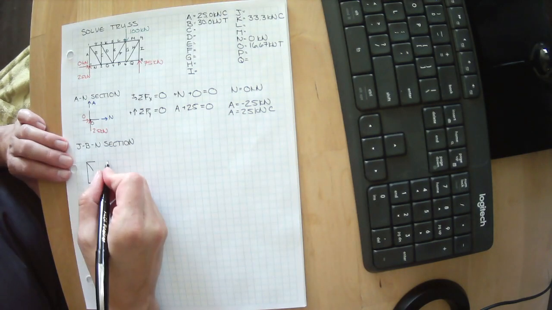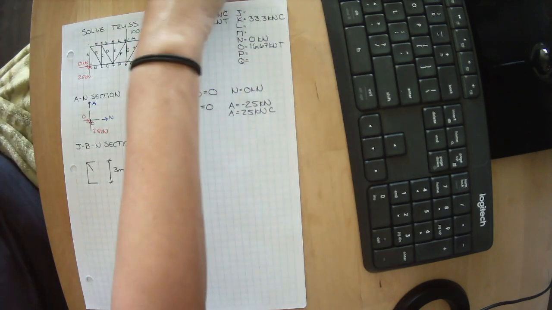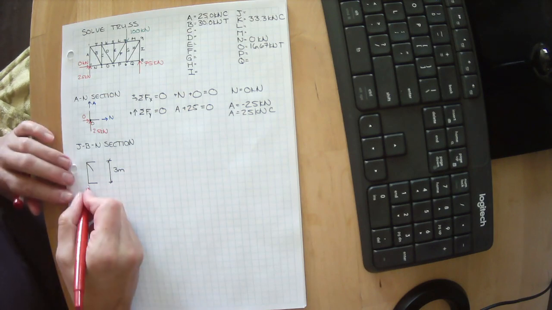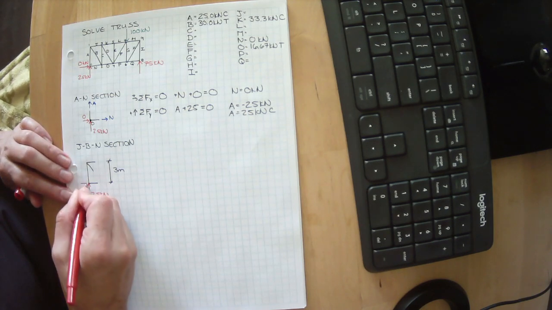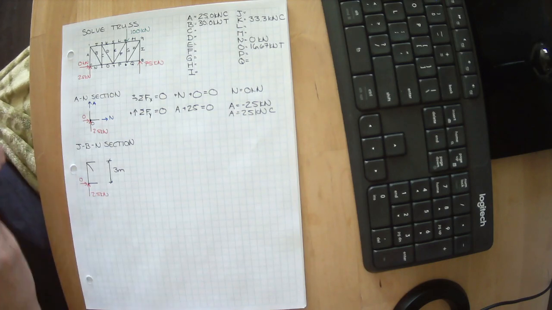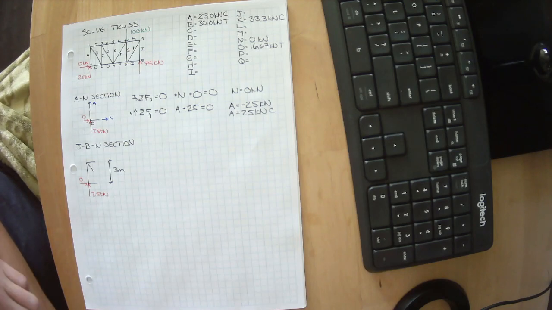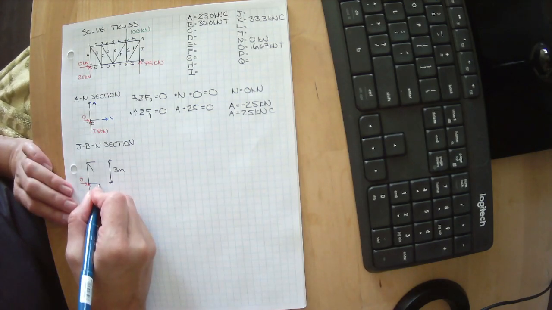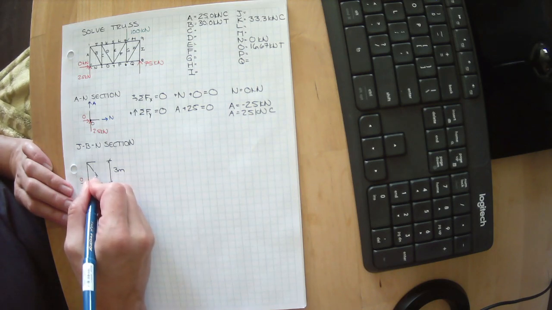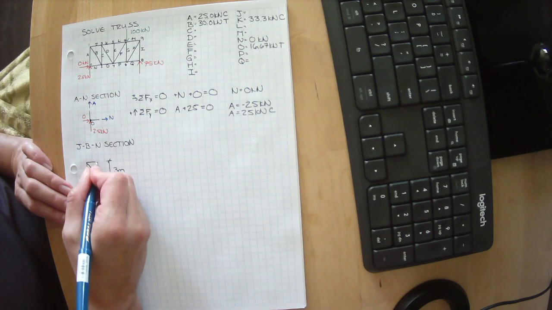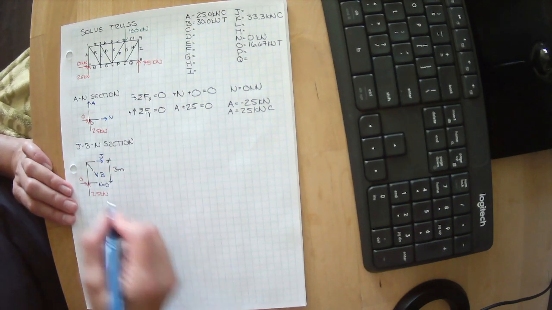All right, we know that this is 3 meters tall. We have 25 kilonewtons here and 0 kilonewtons here acting on this. We've already solved for N. N equals 0. We don't know what B is, and we don't know what J is, so I'm going to draw them both in tension because I don't know.